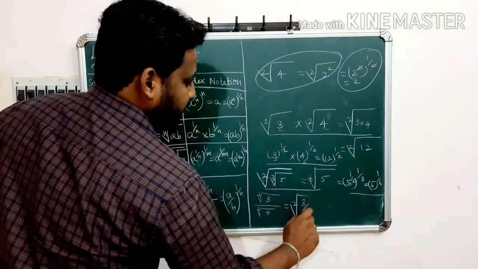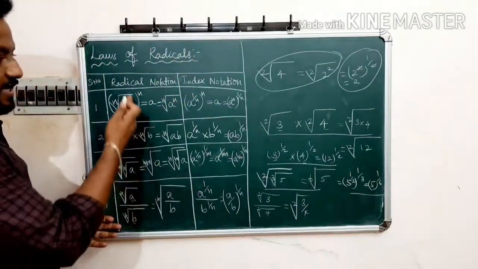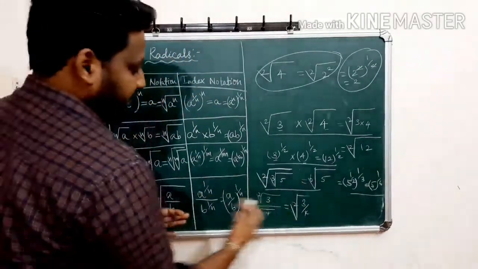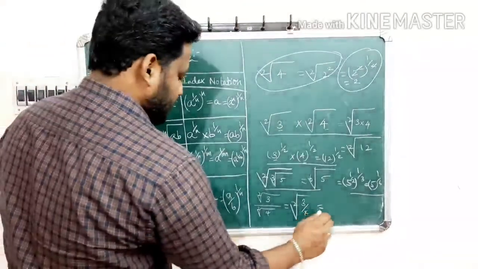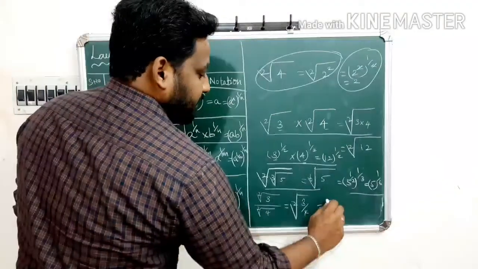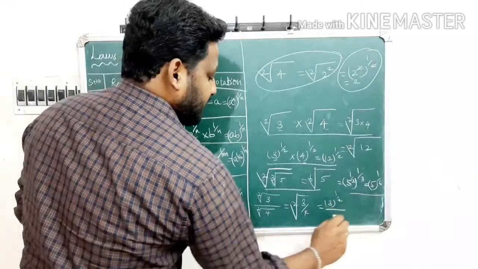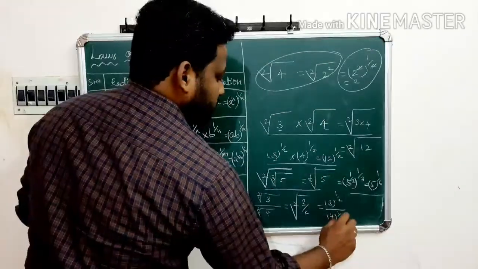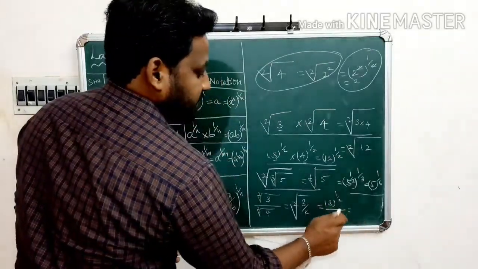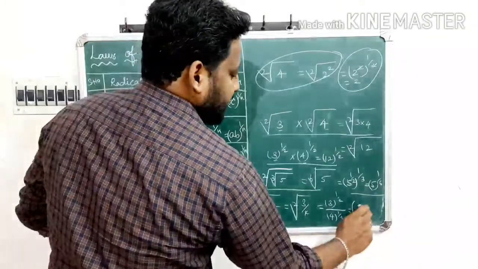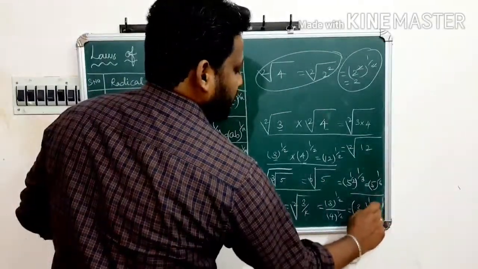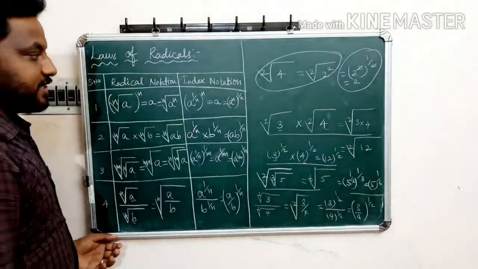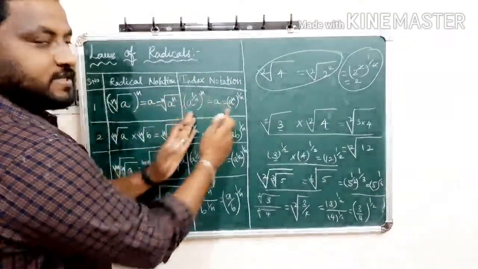This is the radical notation. In index notation, 3 power 1 by 2 divided by 4 power 1 by 2. The powers are the same, so we write 3 by 4, the whole power 1 by 2. Understand? So this is radical notation, this is index notation.